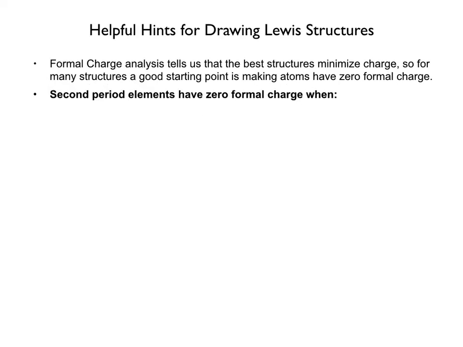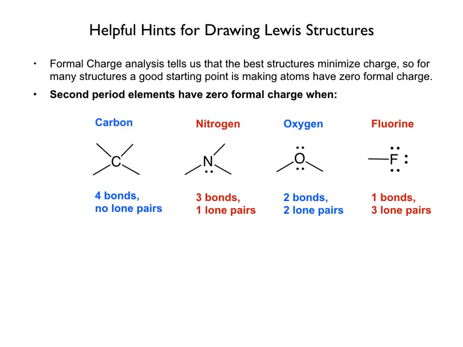So formal charges can be really helpful for drawing Lewis structures. If you draw enough of these and calculate formal charges, you can start to see some patterns which will help you draw Lewis structures. And some of those patterns we can summarize here. Second period elements, when they're in a structure, have 0 formal charge under the following cases.